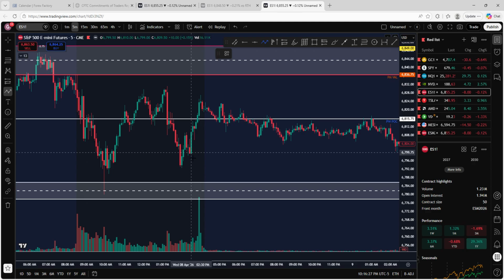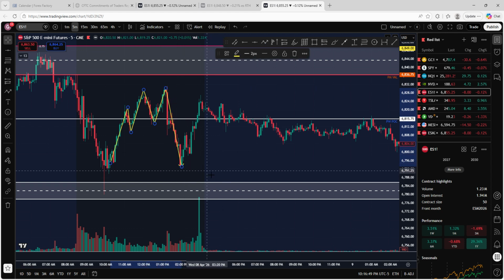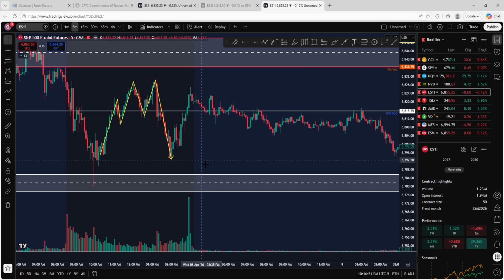And we did take this long. I called this long out here. You can go back in the chat. Look, I called this long out right here. I called it out in Keenan's Discord also. This is your confirmation here. You get your change of character. Break another high. This now becomes confirmation, right here.